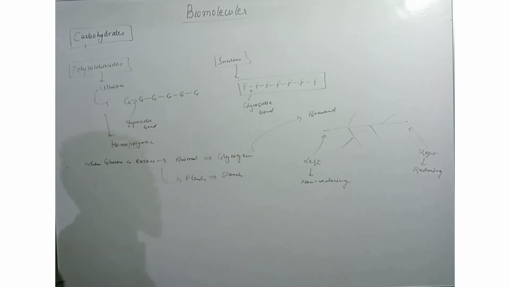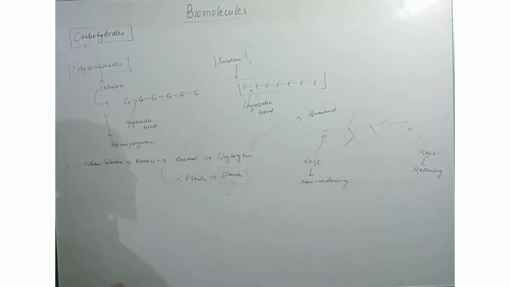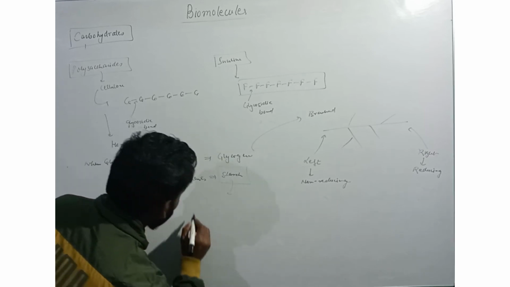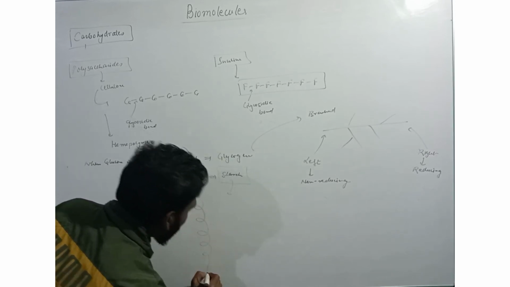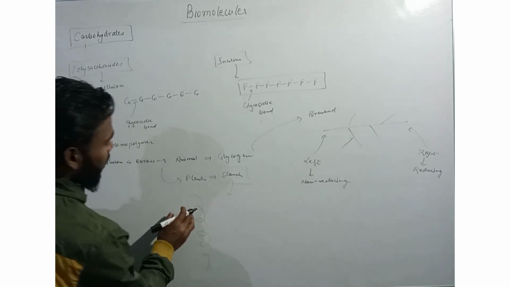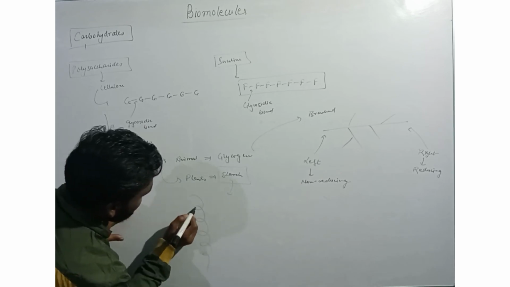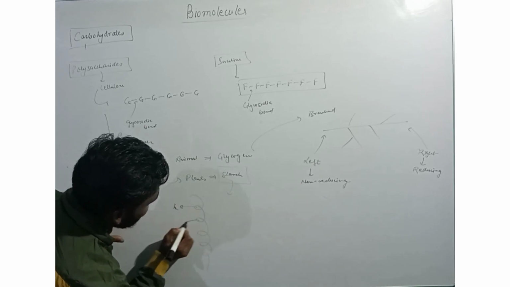Now let's see the structure of starch. Starch exists in a secondary structure. As I have stated, when the linear chain coils upon itself, it forms a secondary structure in the form of a helix. So crevices, pockets and loops are created in which starch can easily hold I2 molecules.